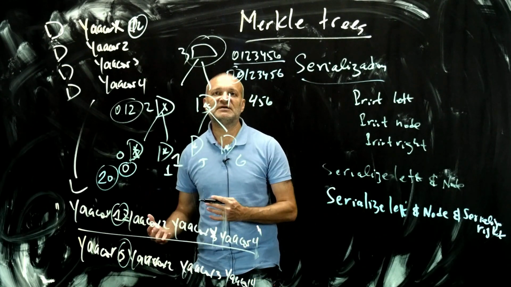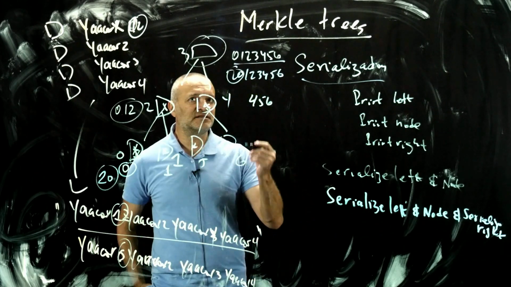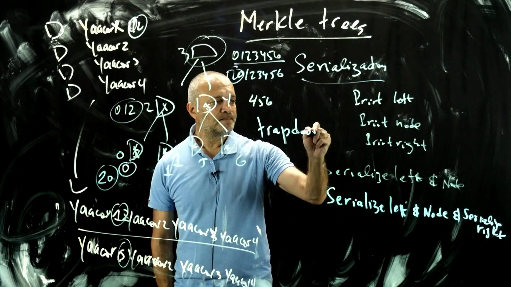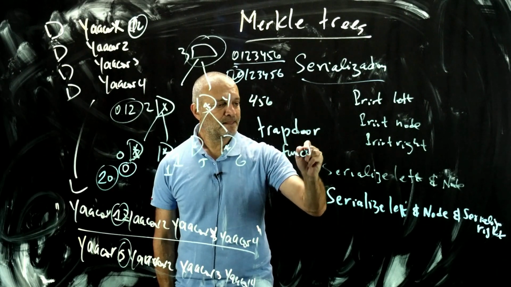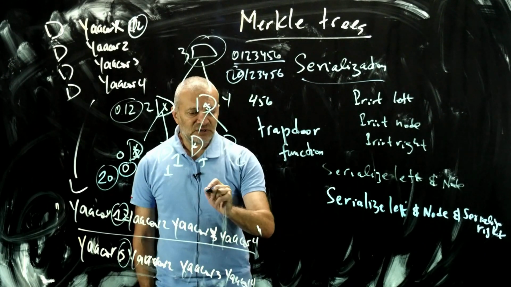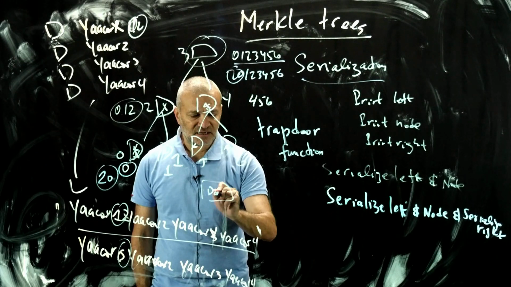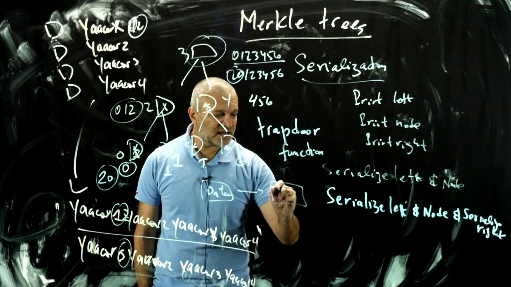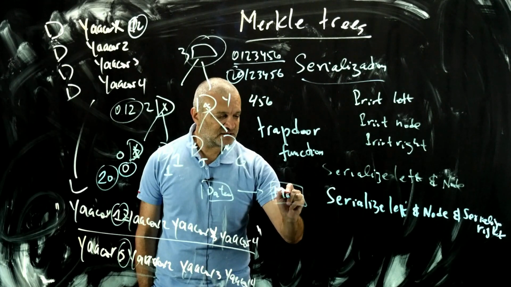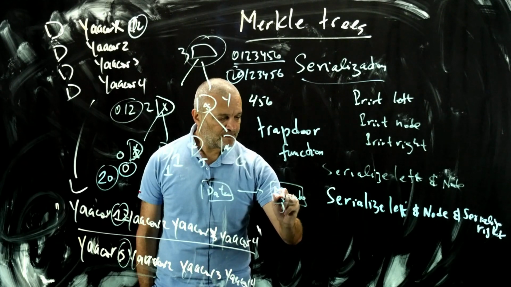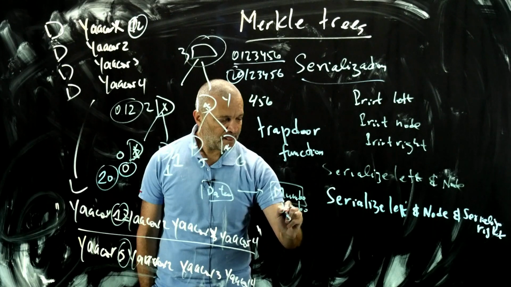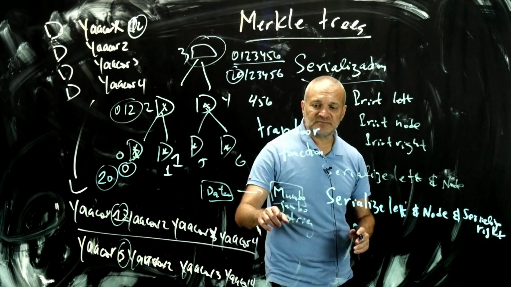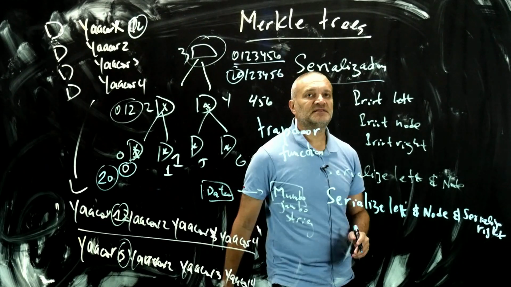As we described in class, there is this concept of a trapdoor function, where you have data, you apply this function, and you get a mumbo jumbo string. It is very hard or almost impossible to go from this string back to the data itself.